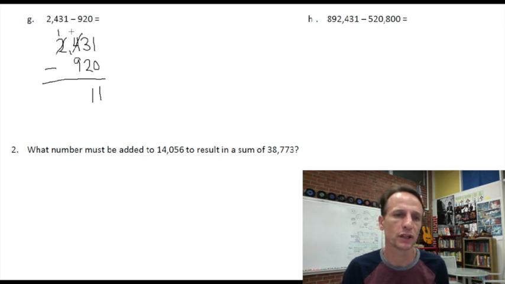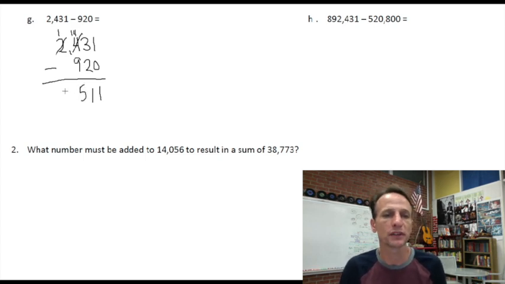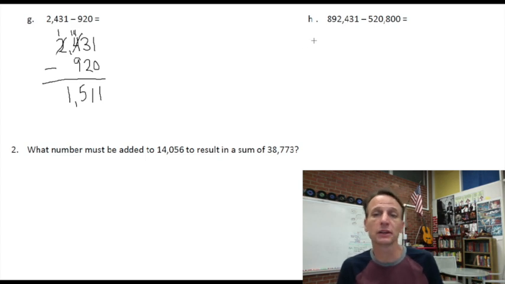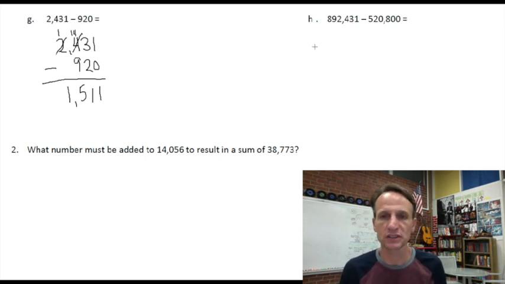Regroup it over here. So I now have 1400s. 1400s minus 900s leaves 500s. And the 1 in the thousands place, I am subtracting nothing from. Insert my comma. Beautiful.